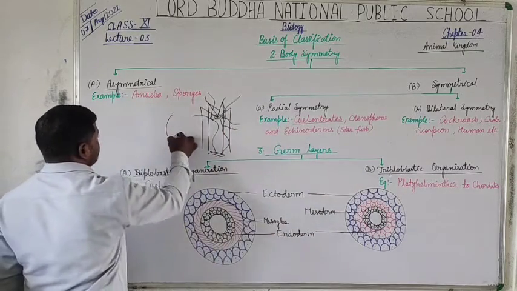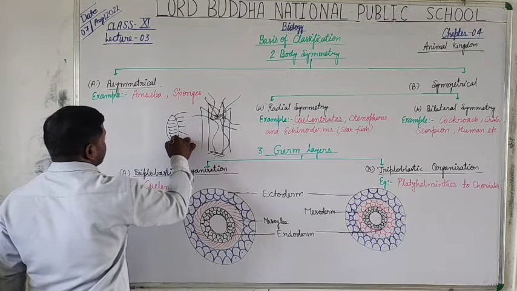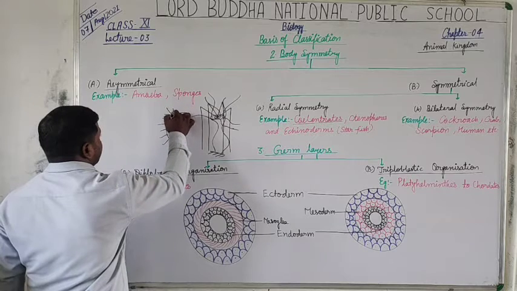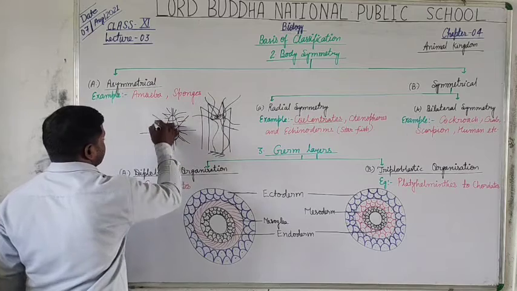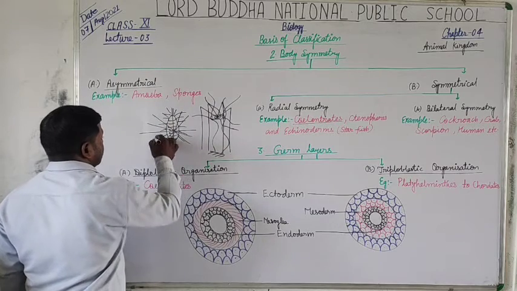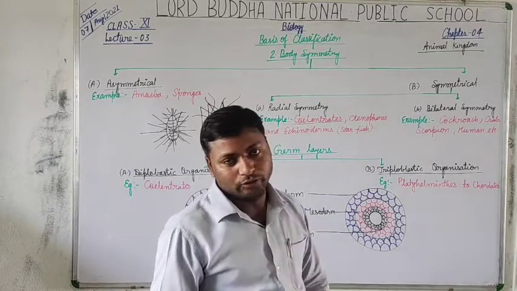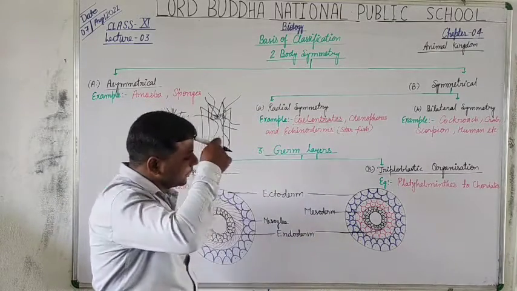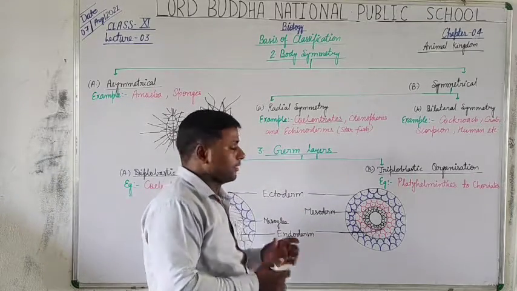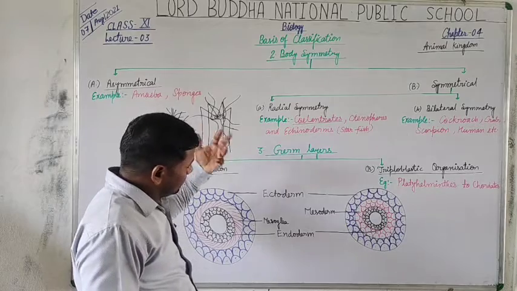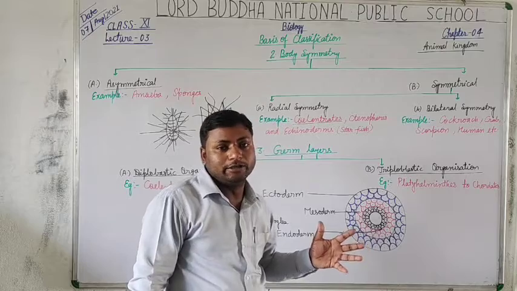Likewise, the comb jelly's body can also be divided into more and more equal halves because they possess radial symmetry. Likewise, the sea anemone is also a member of the phylum Coelenterata and has radial body symmetry.